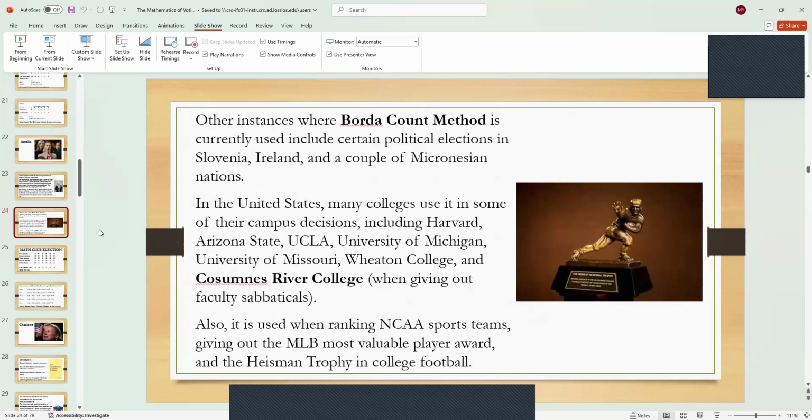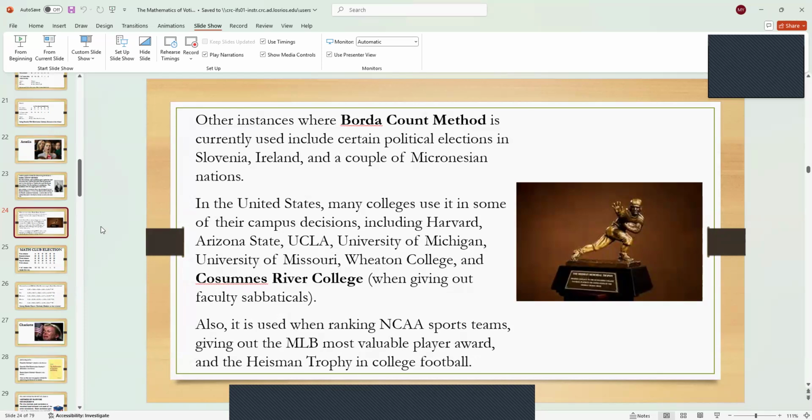Borda count method is used in a lot of places. Slovenia, Ireland, some Micronesian nations. In the United States, a lot of colleges use it when they're making campus decisions. Harvard, Arizona State, UCLA, University of Michigan, University of Missouri, Wheaton College, Cosumnes River College.